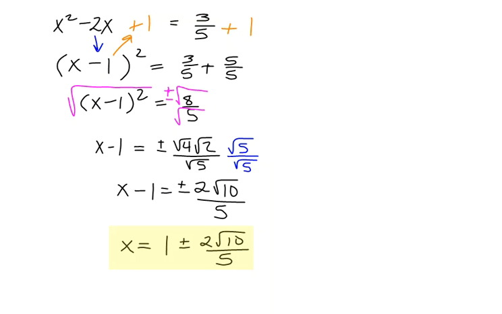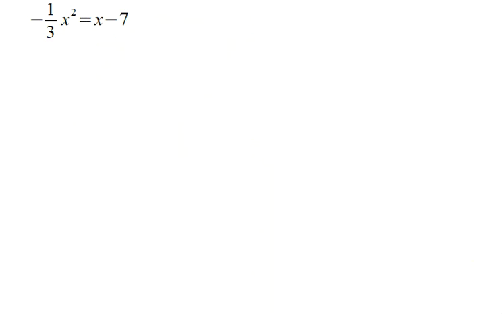Let's go to our second example. So again, we want to get the variables on one side, the constants on the other. This will be a negative 1/3 x squared minus x is equal to a negative 7.